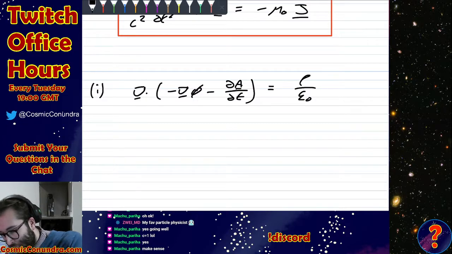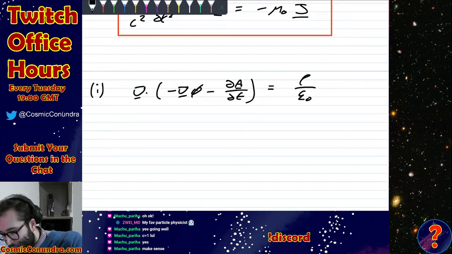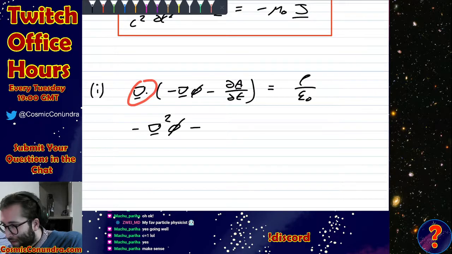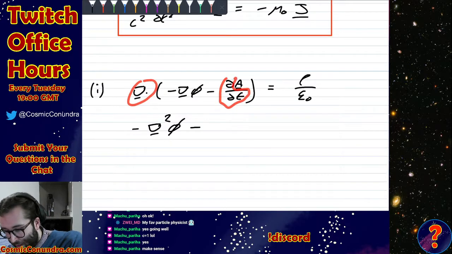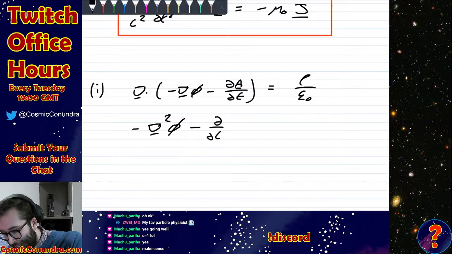Okay, and divergence of grad, this is how we define the Laplacian. And then we've got minus, and again I'm going to commute the derivatives. I'm going to commute the divergence with the time derivative, so I'll rewrite this as d by dt of divergence of A. And that's equal to rho over epsilon naught.